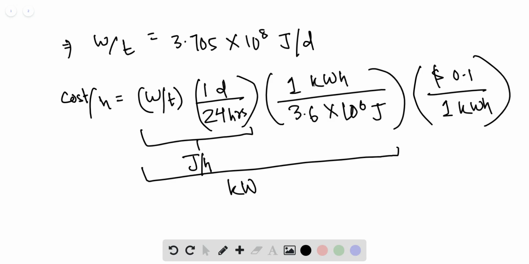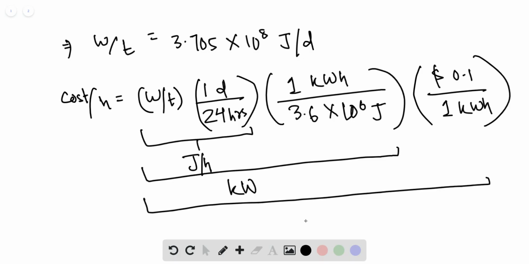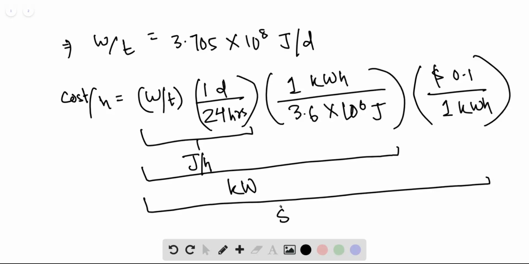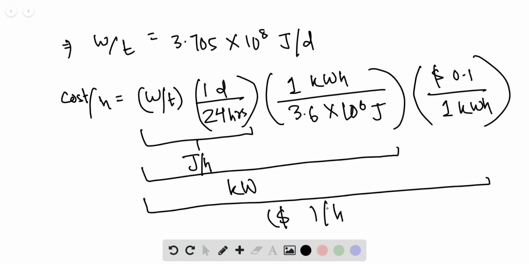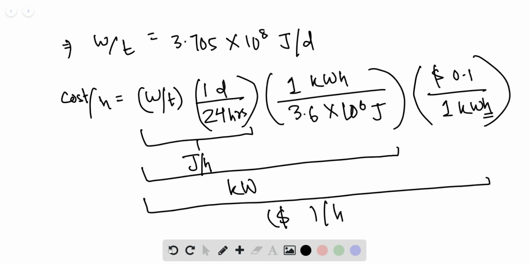There is no hour because the hour just cancels out. And then multiplying that with this factor, we get the rate as some price or cost per hour. And this hour comes from the hour in kilowatt hour in the numerator here in the last term.